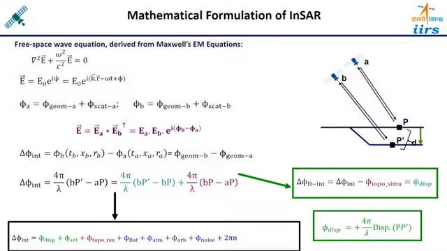So from this equation you can say there are so many applications of interferometry. One is atmospheric modeling, another is topographic mapping, another is deformation mapping or deformation analysis, and for deformation many things are considered simultaneously. This way you can understand the potential of SAR interferometry.